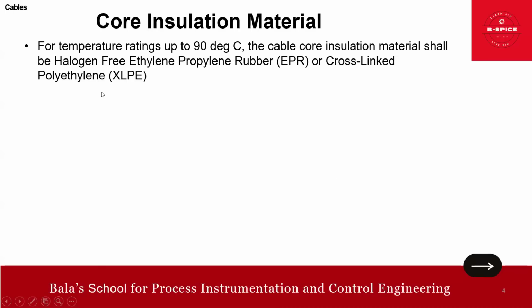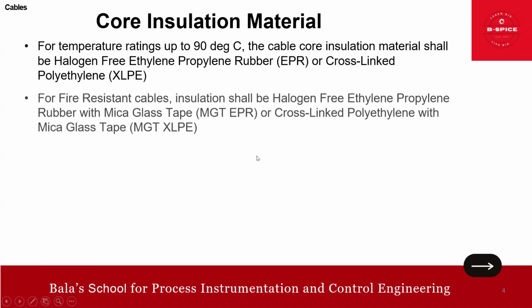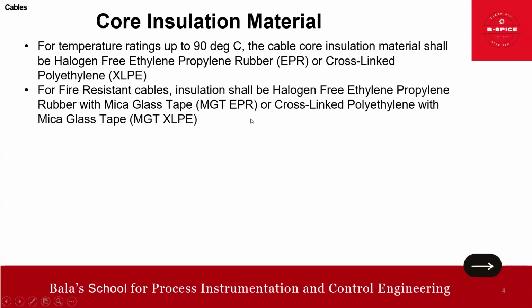So for temperature rating up to 90 degrees, the core insulation material shall be halogen-free ethylene propylene rubber EPR or cross-linked polyethylene. So for fire-resistant cable, insulation shall be halogen-free ethylene propylene rubber with mica glass tape. We call it MGT EPR or cross-linked polyethylene with mica glass tape, MGT XLPE.